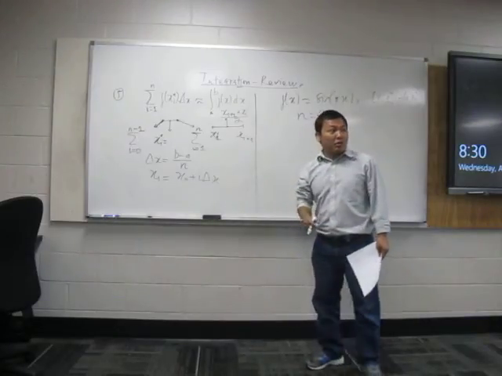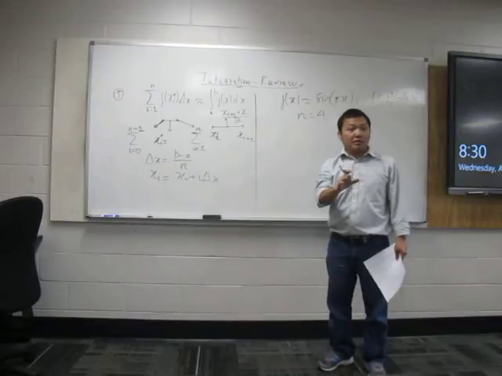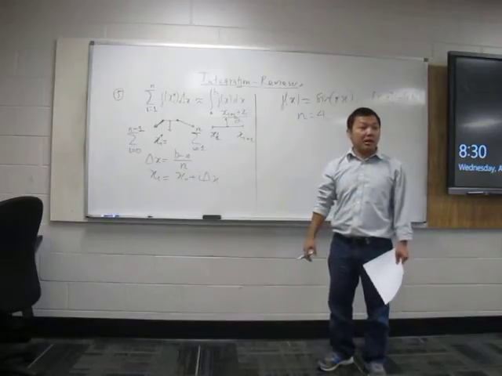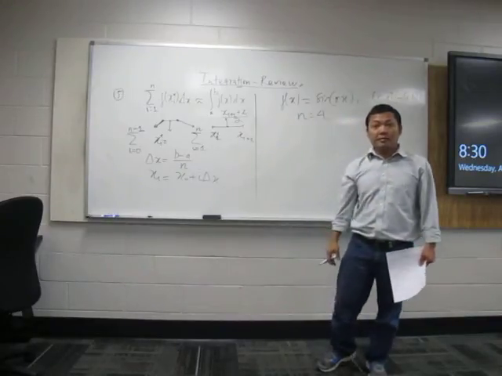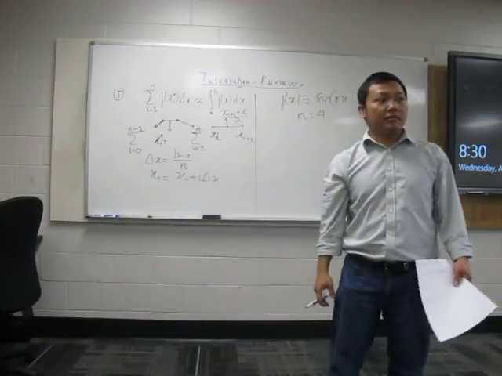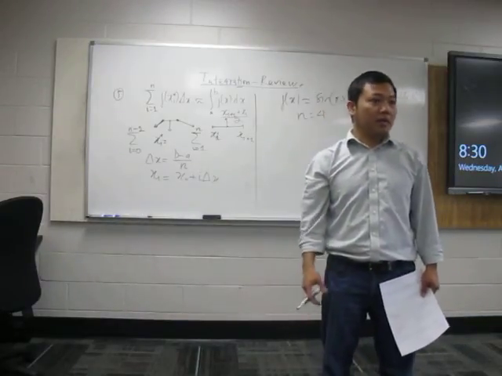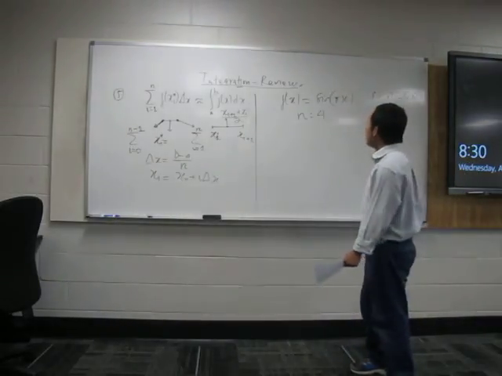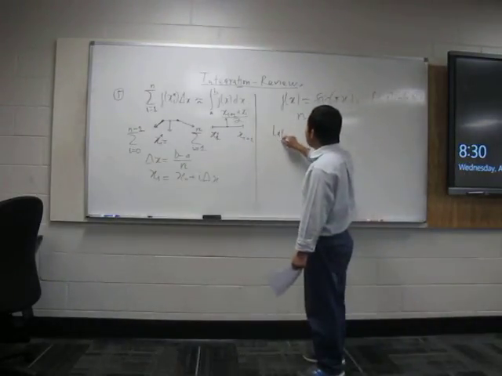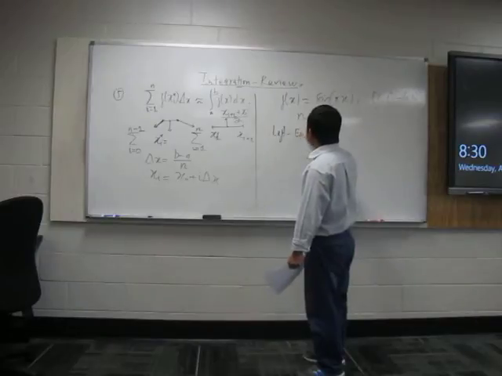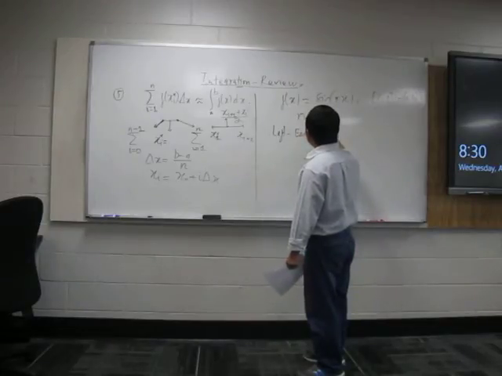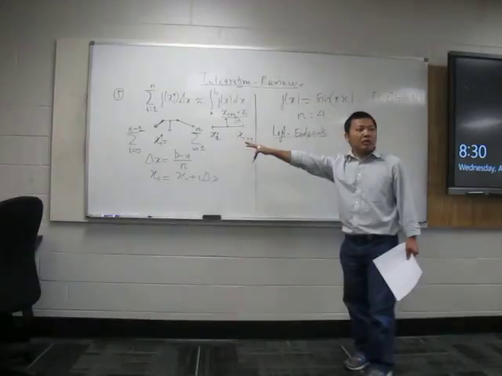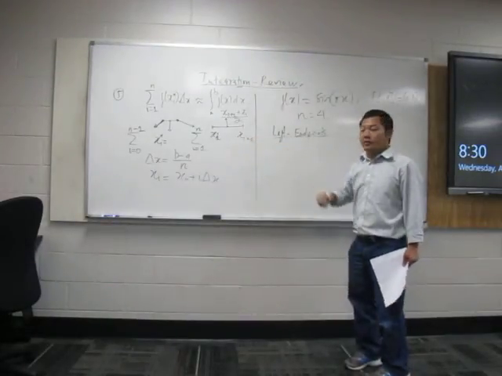I'll show you how to use left endpoints, and then you do that for right endpoints. On the test, I may ask you about left or right. So if I use the left endpoint, I just copy the formula over there.